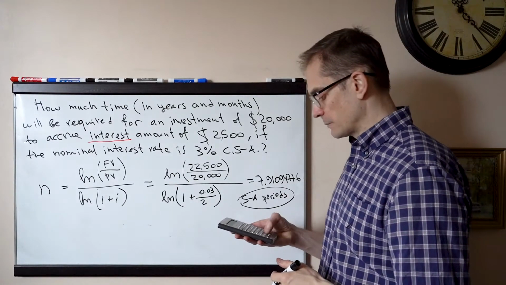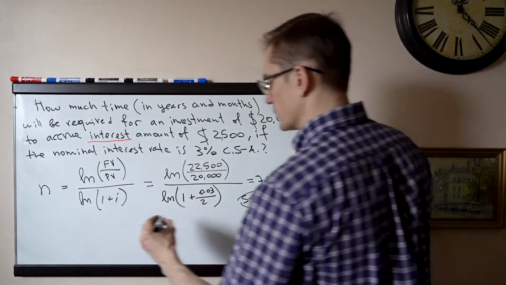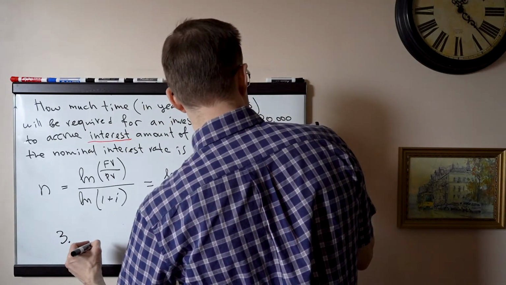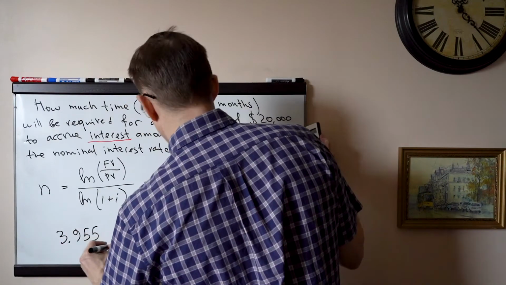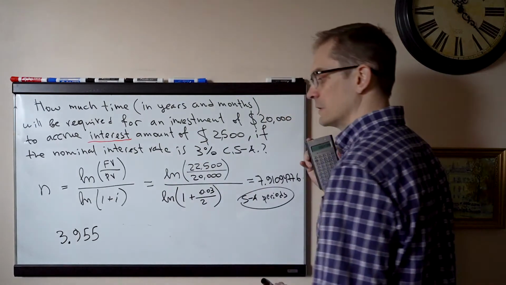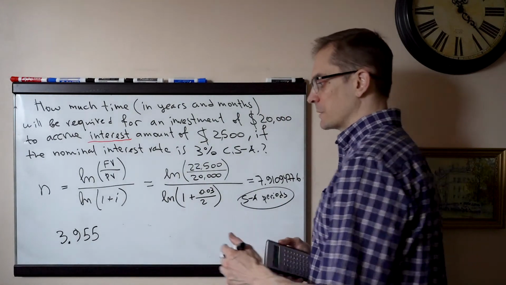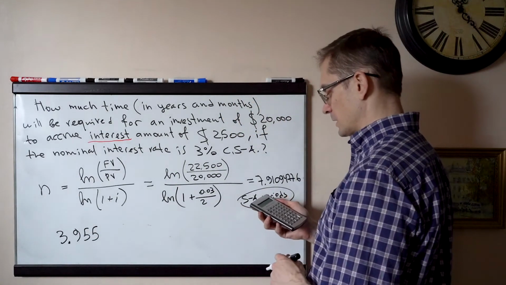So we divide that by 2 because there are semi-annual periods here. So we have 3.955. I think that will be enough precision for me if I round to 3 decimals here. But if you don't have that much experience with problems, it's better to keep all decimals to make sure that your answer is correct.